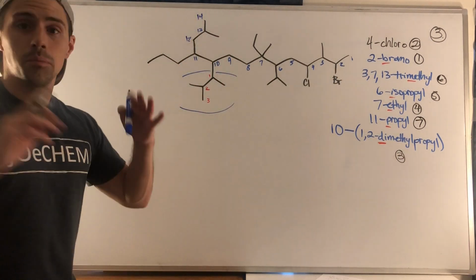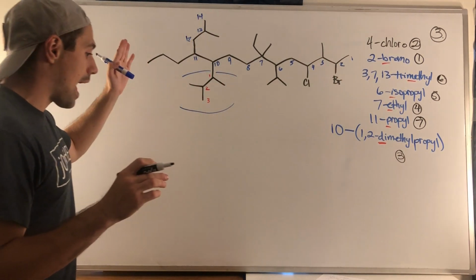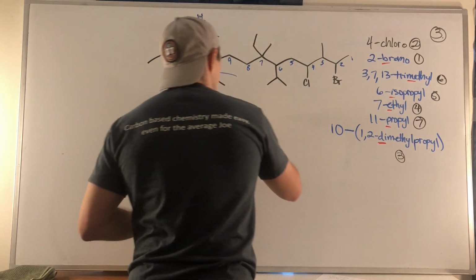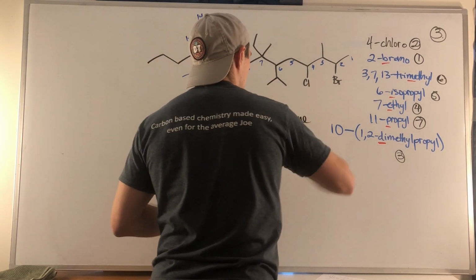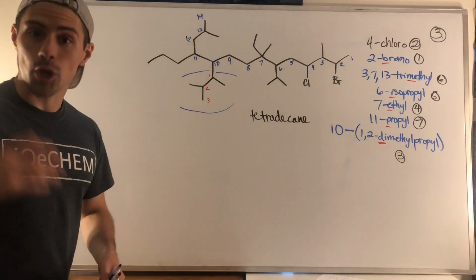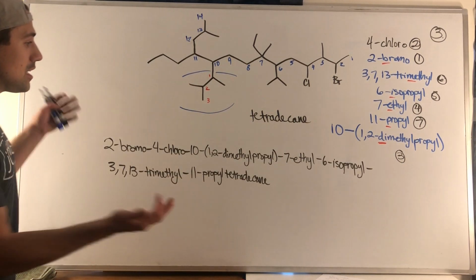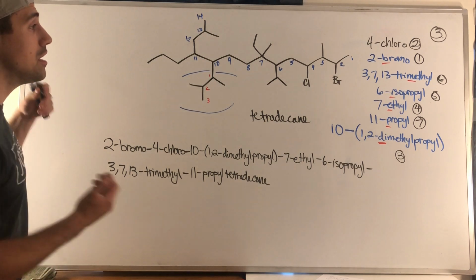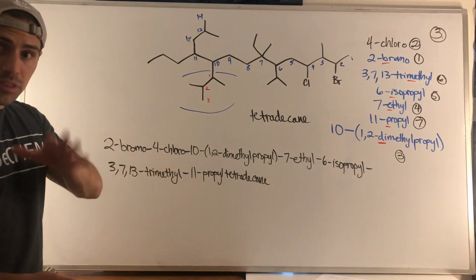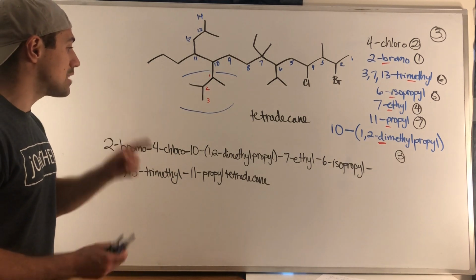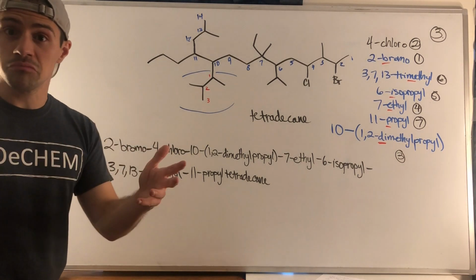Let me pause this, put the name together. We have 14, so this is a tetradecane. Getting up there a little bit with our alkane parent chains, we're flexing our alkane nomenclature knowledge. Okay gang, here's the name in all of its glory. First we have the 2-bromo, then the 4-chloro, and then be careful here with the parentheses, but treat those parentheses as just letters.